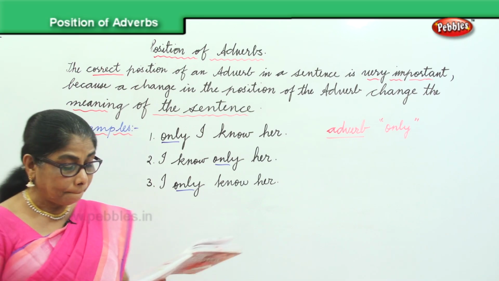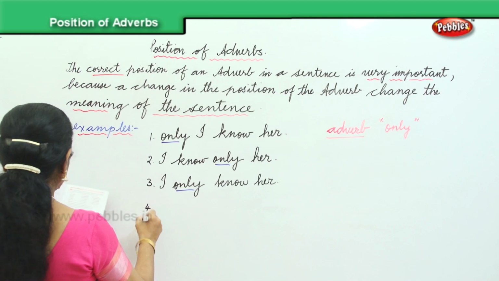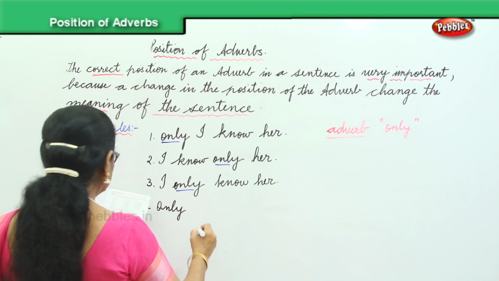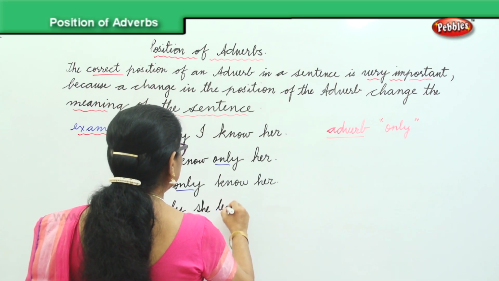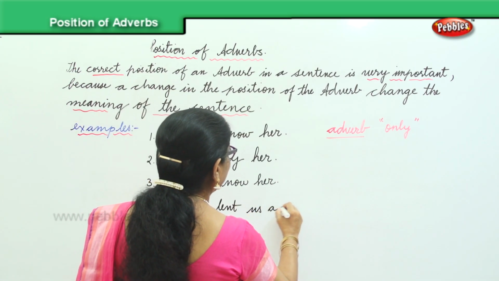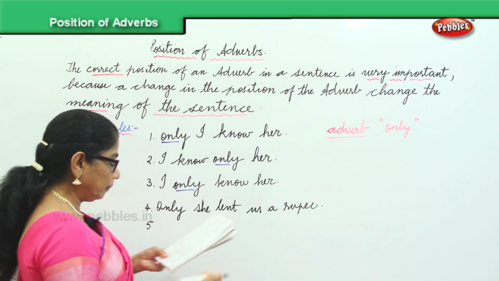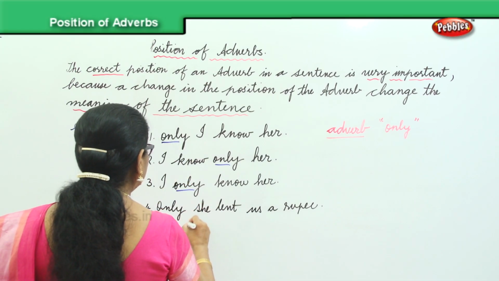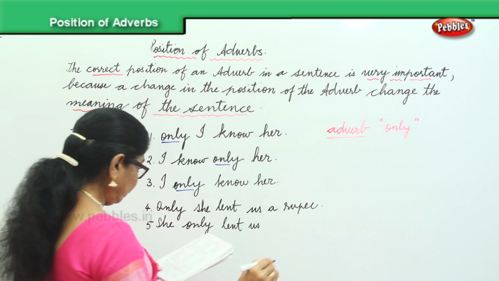Here I have one more. Only she lent us a rupee. And the next sentence we have, she only lent us a rupee.